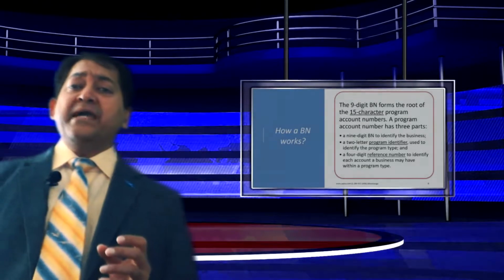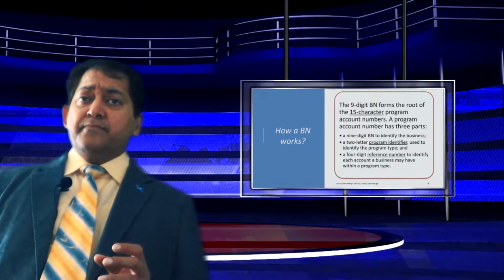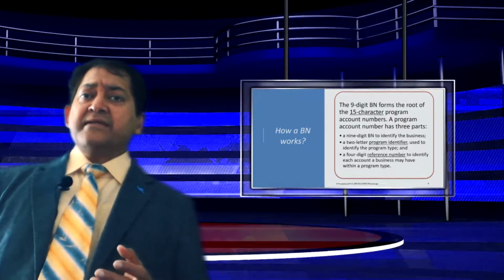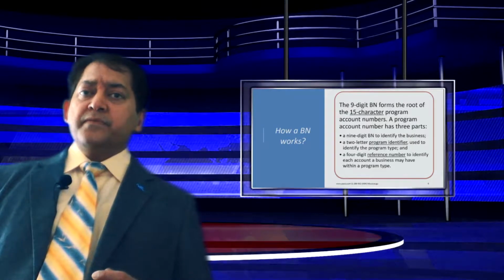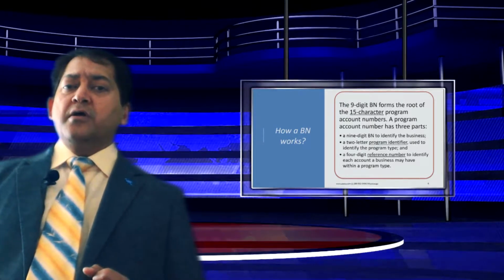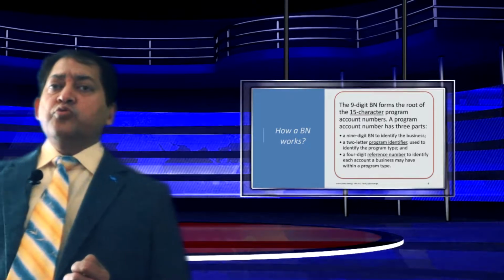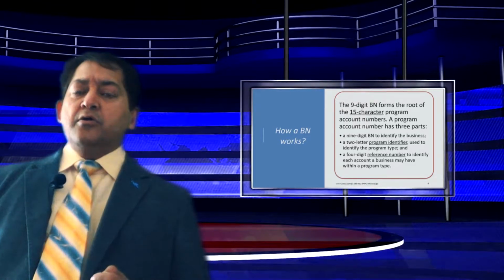Now, how does a BN or business number work? Basically, it is part of a 15-character program. The first 9 digits are your business number, the unique identification code allotted by CRA to individual businesses. The next two alpha codes are the program identifier.